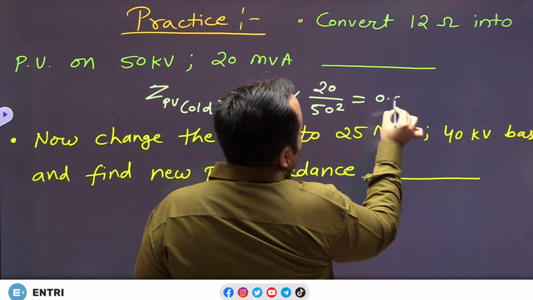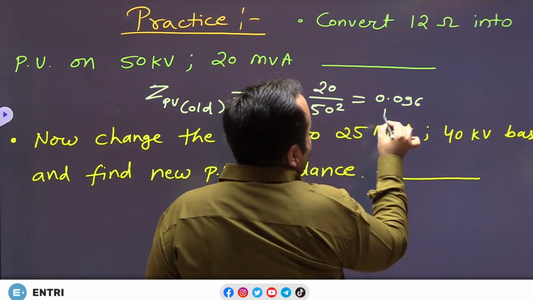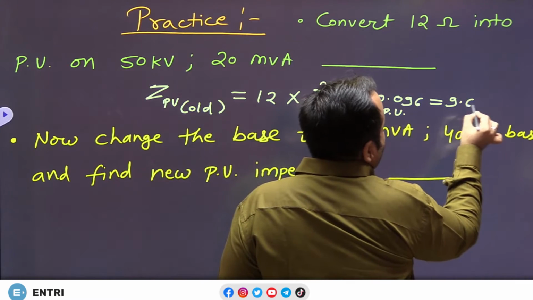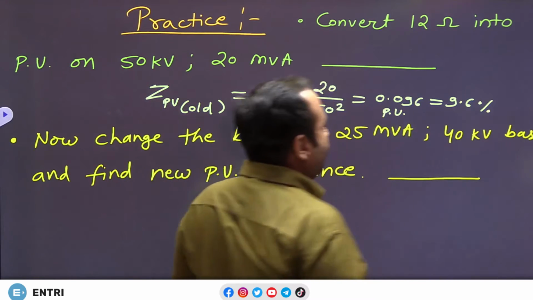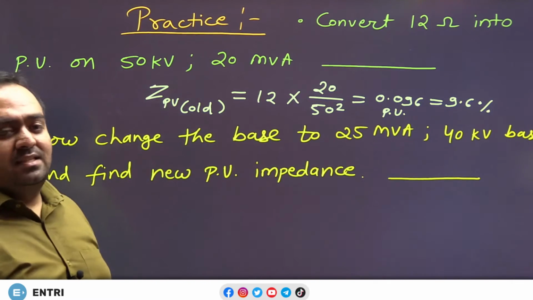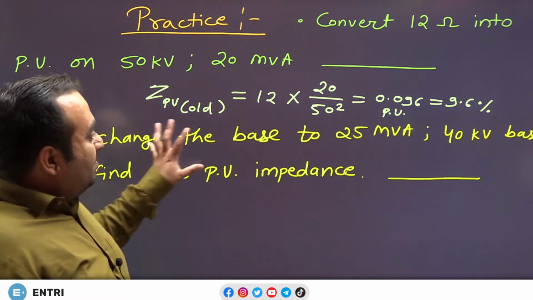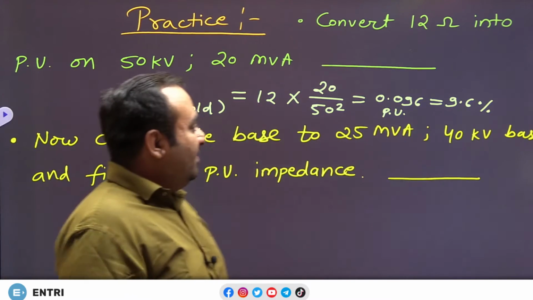It will come out to be 0.096 per unit or 9.6%. All right. Now change the base to 25 MVA, 40 kV base.